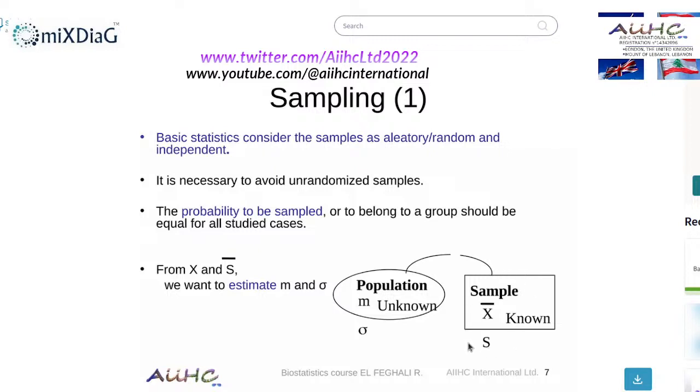We can calculate the statistics of a sample, but we are interested in studying the population. The population will be, for example, police administration and the civilians.